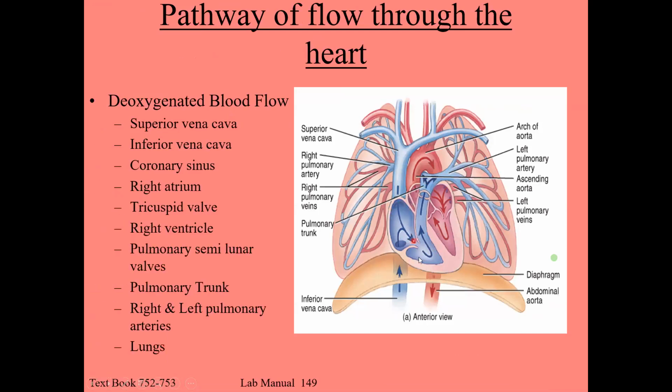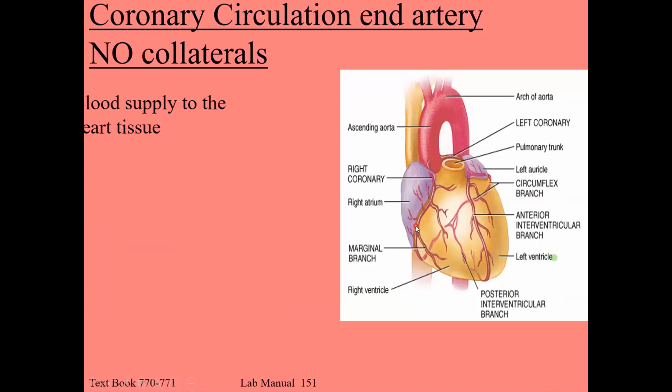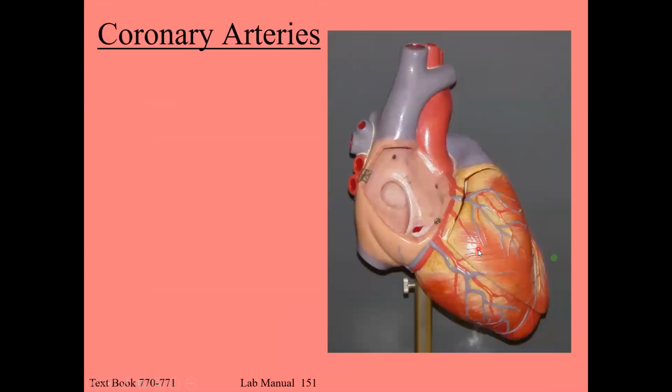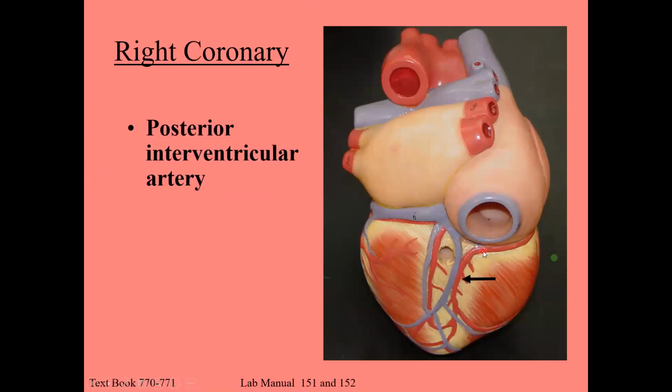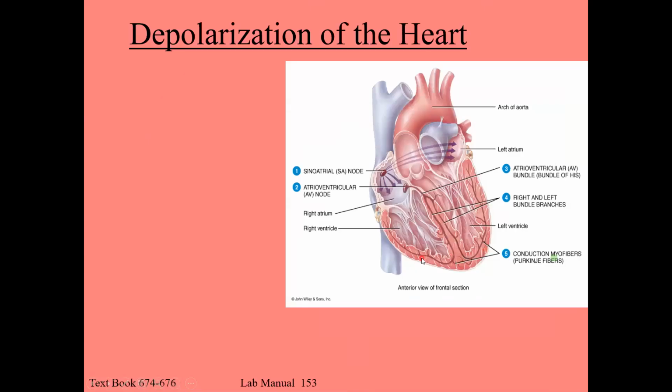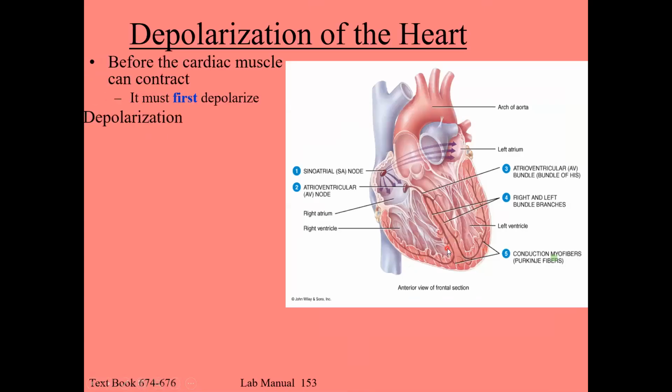It's a short distance, so it doesn't need so much force. But the left side, on the other hand, has to pump blood up the aorta around your body. So this is why, by design and not by chance, your left ventricles are larger, are thicker, and contain more muscle compared to the right ventricle.